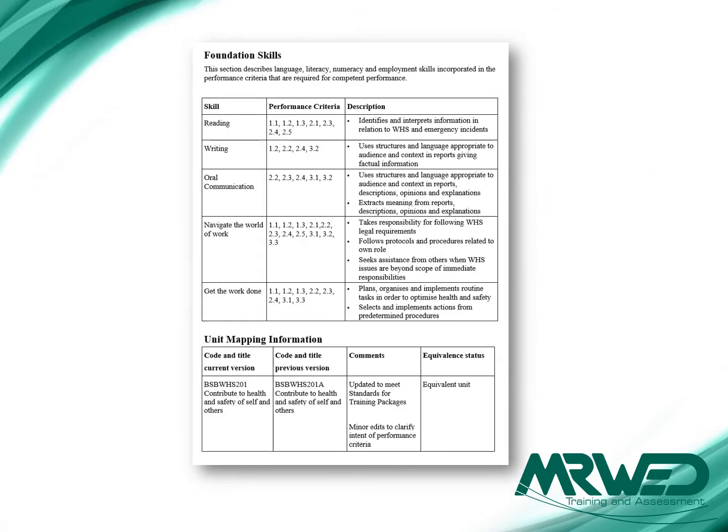Next up, we have the foundation skills, and this section describes the language, literacy, and numeracy, as well as the employment skills incorporated within the performance criteria that ultimately are required for competent performance.